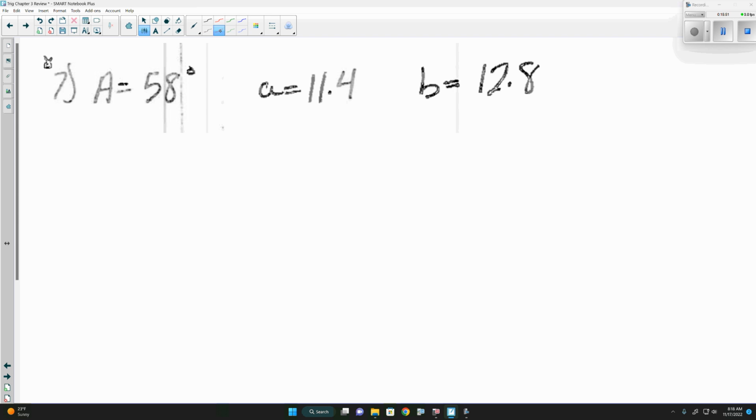So for us, that means we're going to have the measure of angle B1, measure of angle C1, and side length C1. We'll also have the measure of angle B2, C2, and C2.